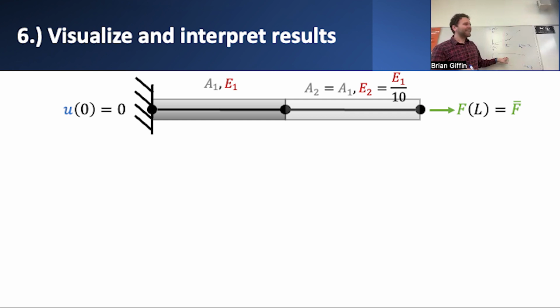So we expect the internal force should be constant over this whole structure, right? So in both of these elements, we expect the same internal force. We expect that the displacement field might look something like this, potentially. But isn't this odd? We have constant internal force, but variable displacement, or at least variable strain, if you like.